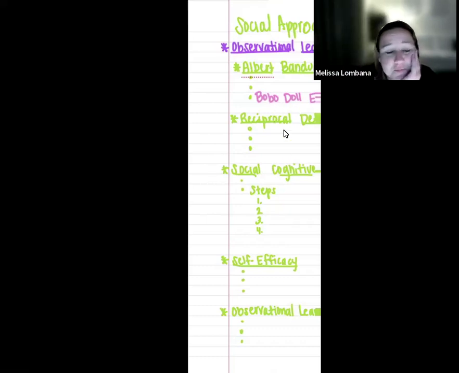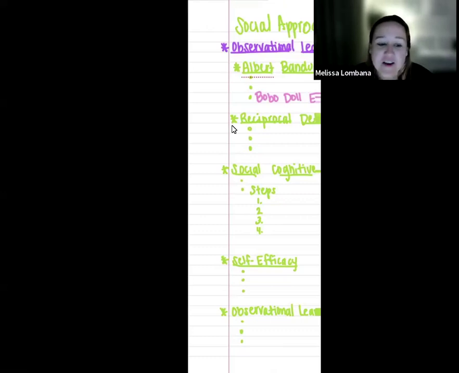And so he has what's called reciprocal determinism, and definitely a word you need to know, which is reciprocal determinism. Reciprocal meaning that the environment, write this down, influences the person and its thought, which then in turn influences the environment.